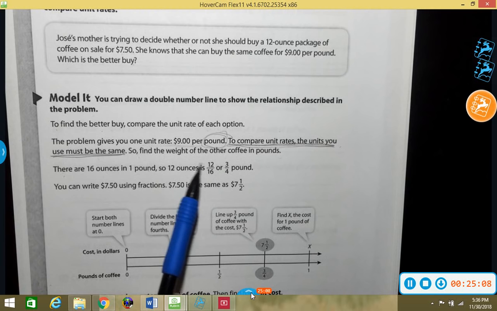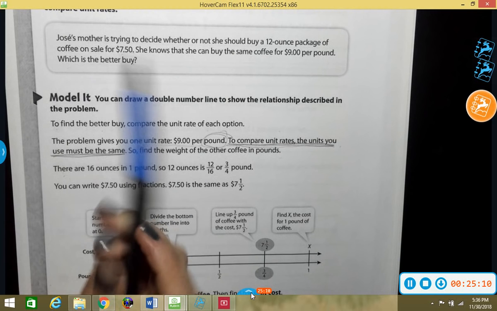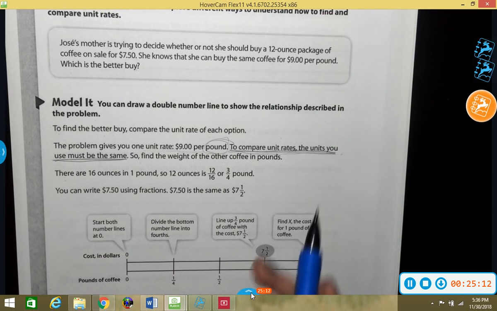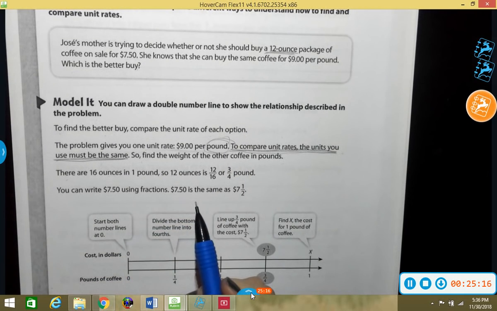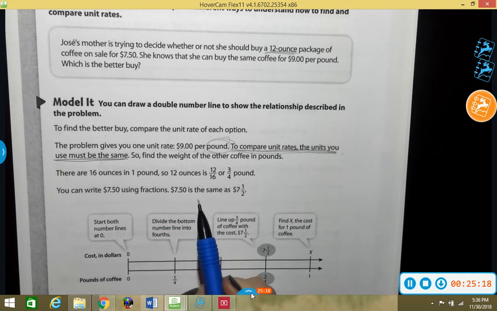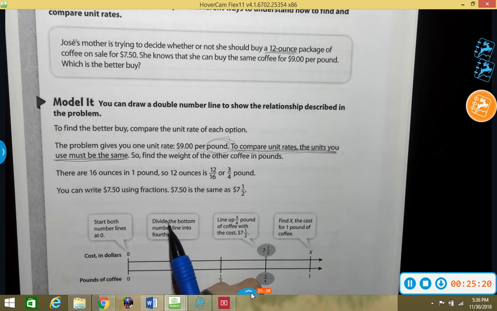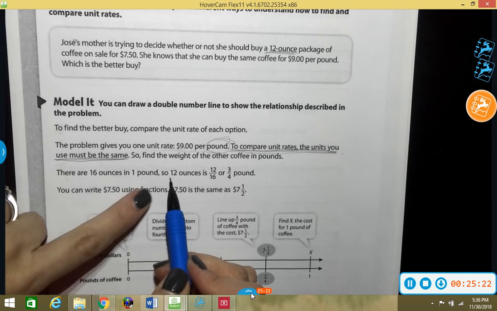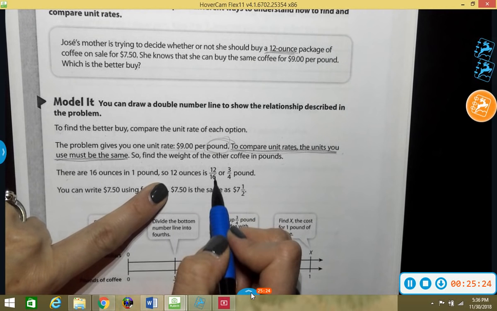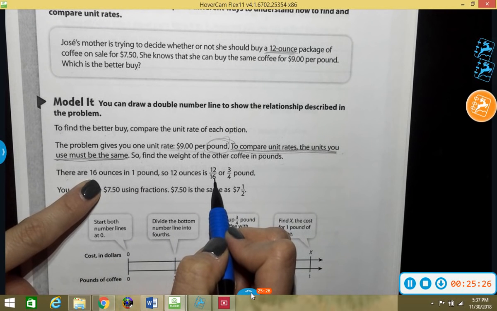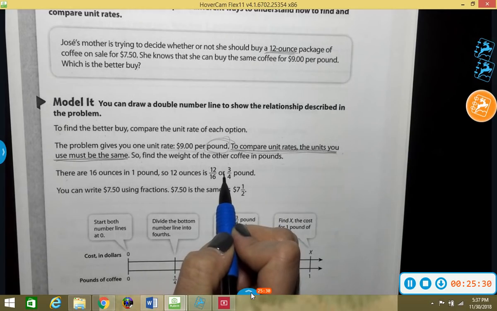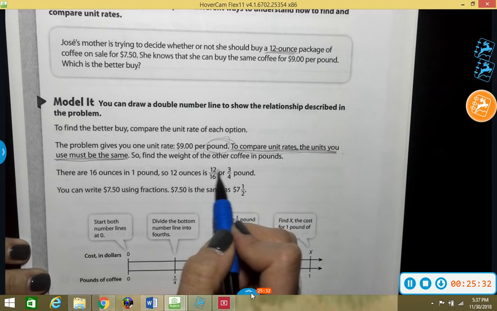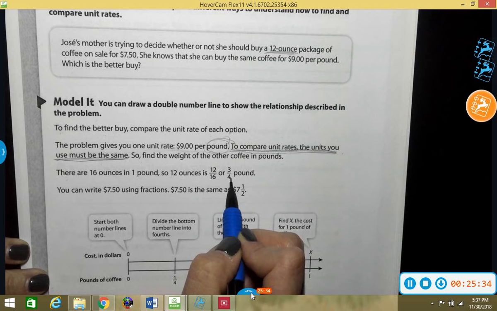Where they're getting this is the first package up here was a 12-ounce package. But we want to look at it instead of ounces in pounds. So we have to find out how much of a pound 12 ounces is. So they're taking 12 and putting it over the 16 ounces that is 1 pound. So 12 divided by 16, it simplifies, 12 over 16 simplifies to 3/4 of a pound.